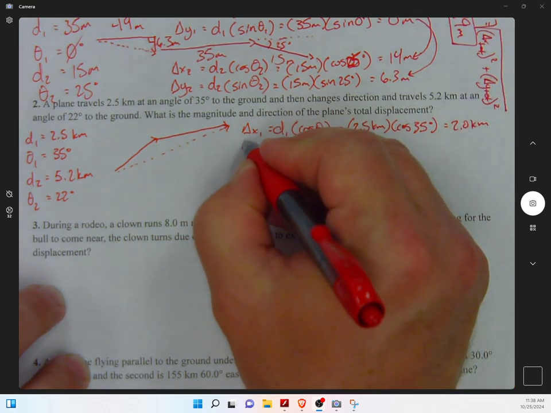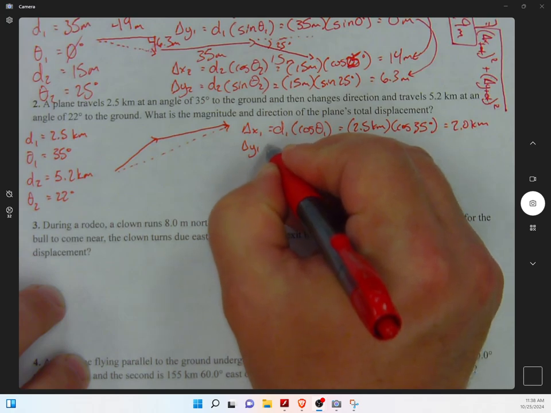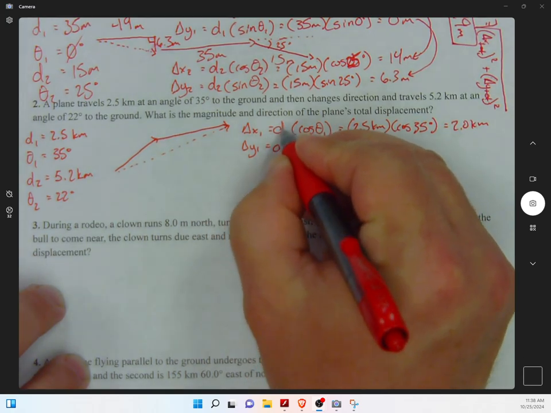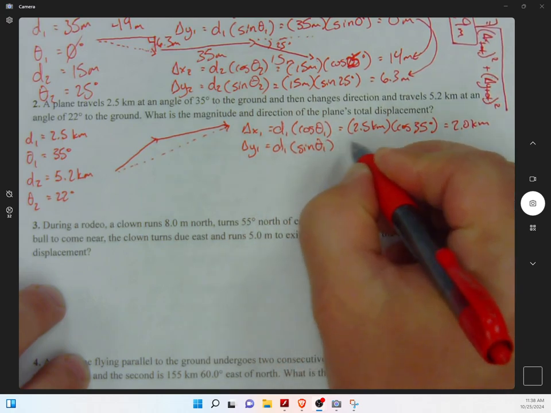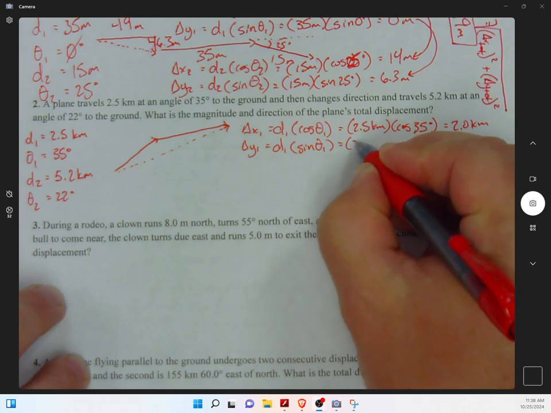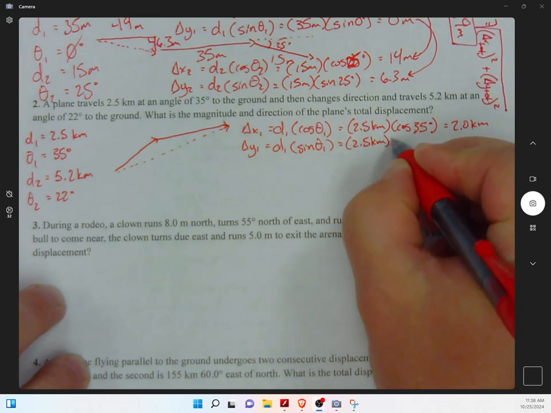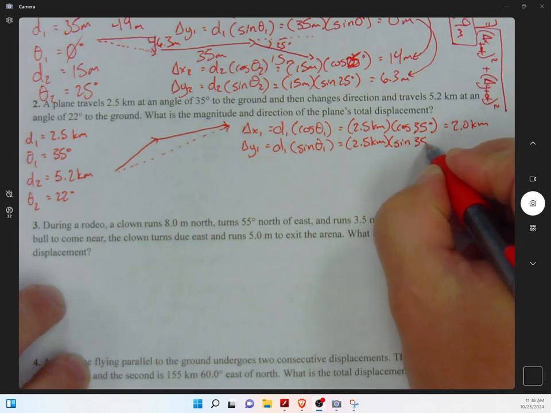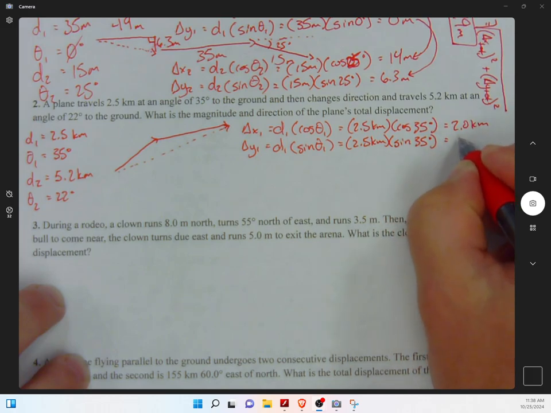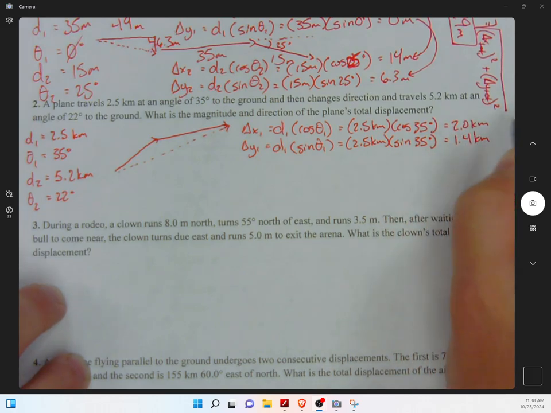Now let's get the y component of the first movement. Again, the first displacement, 2.5 kilometers, this time times sine 35. This ends up being 1.4 kilometers.